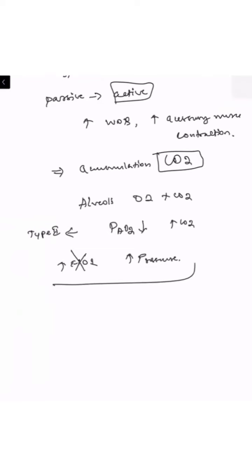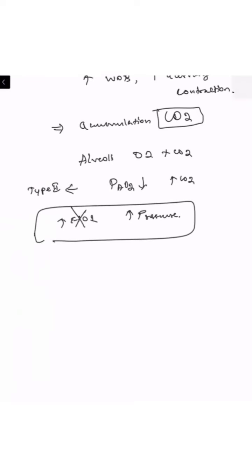because the problem here is not with the oxygen. This is because of the increased accumulation of CO2. So we need to increase the excretion of CO2. That can be done by increasing the respiratory rate as well as decreasing the tidal volume.